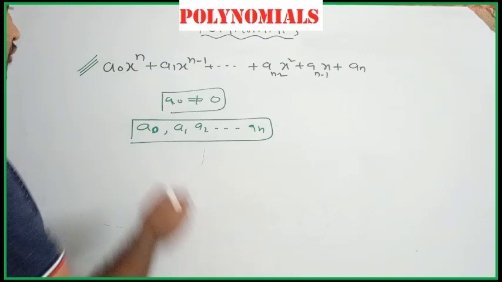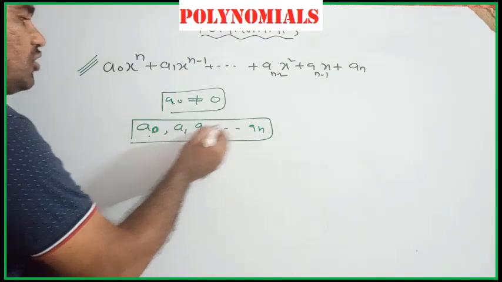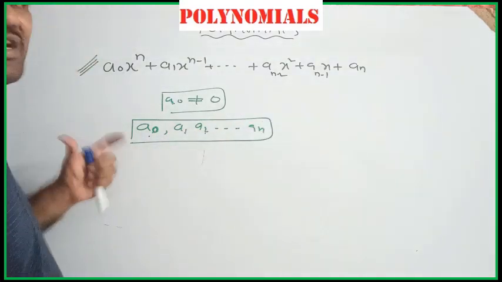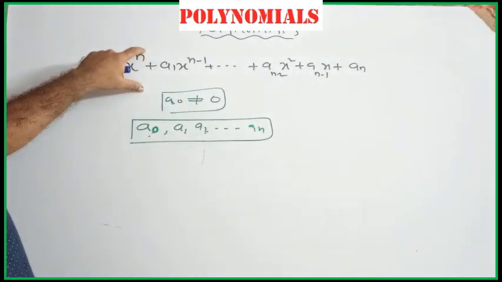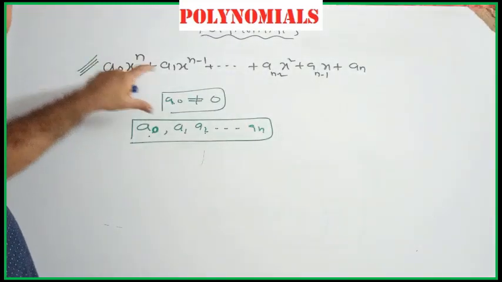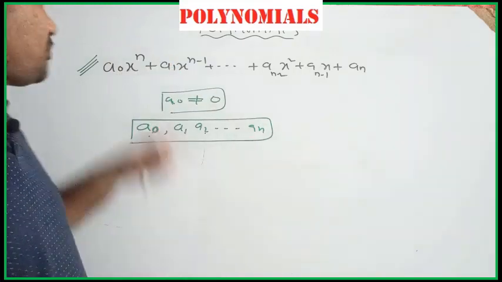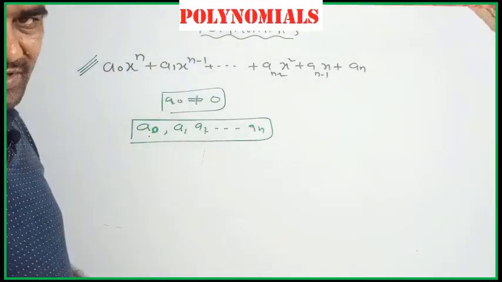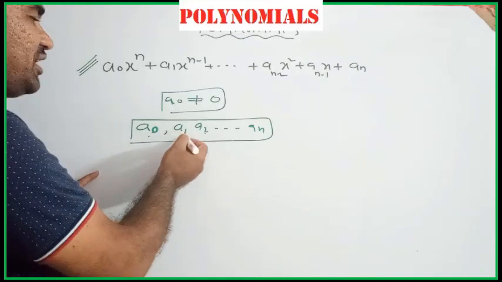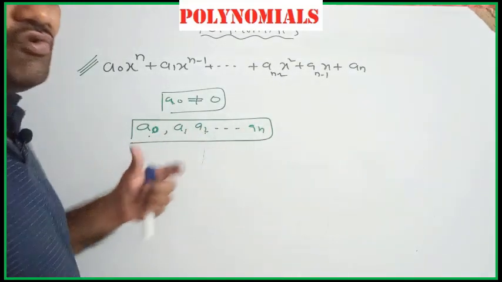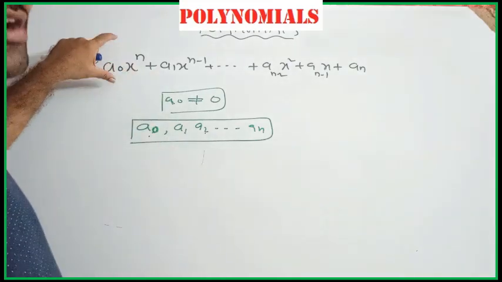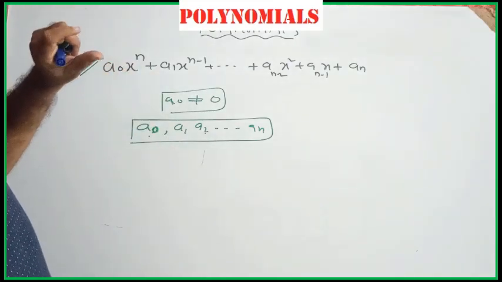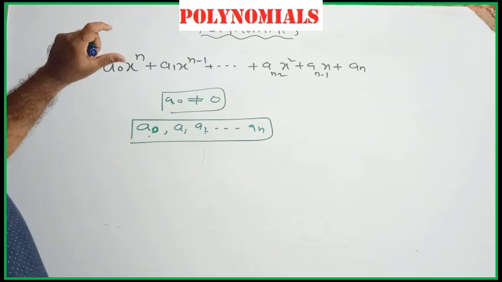Okay. If a naught, a1, a2, so on, an are purely rational numbers, then such a polynomial is named a rational polynomial, meaning coefficients are purely rational numbers. If a naught, a1, a2, so on, an are only integers, such a polynomial is named an integral polynomial, an important polynomial from the Olympiad point of view.